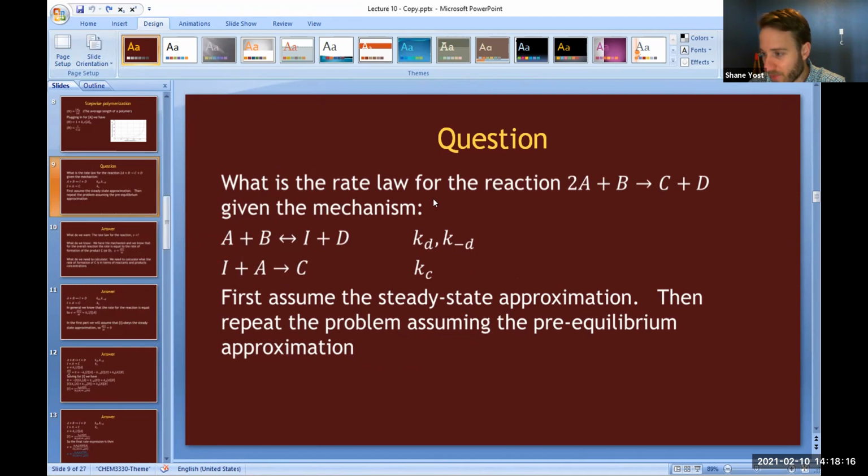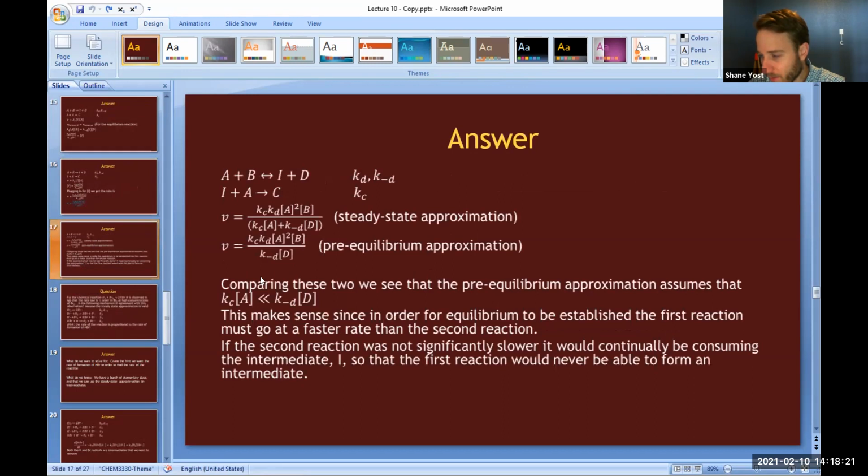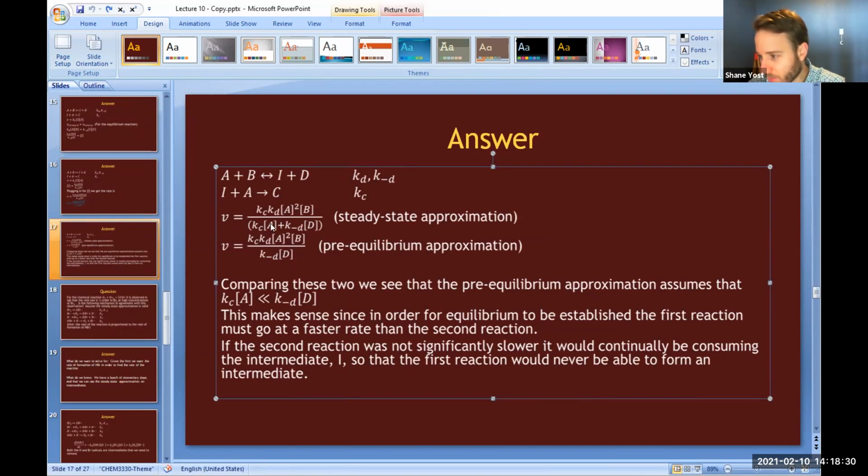Given that mechanism, you can work out the rate laws using the steady state or pre-equilibrium approximation, and you'll get these two answers here. You'll get not so nice, simple looking expressions, with a couple of Kc, Kd, and concentration A squared times B, and so on. But one thing you might notice is that the pre-equilibrium approximation is actually a simplified version of the steady state.